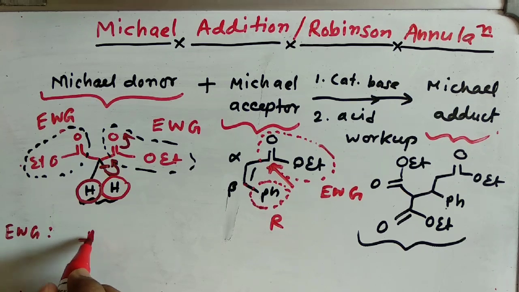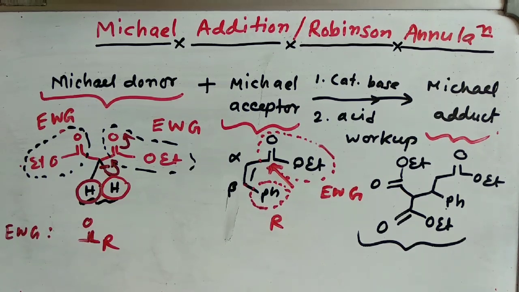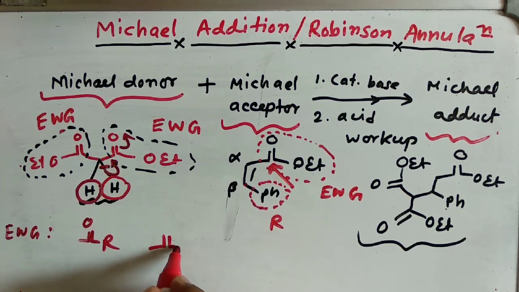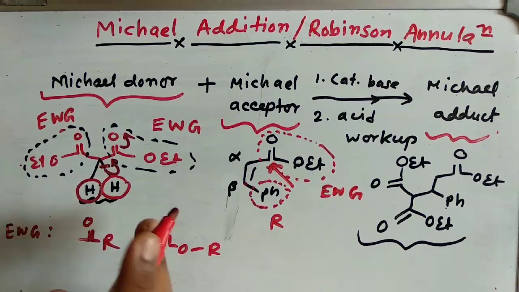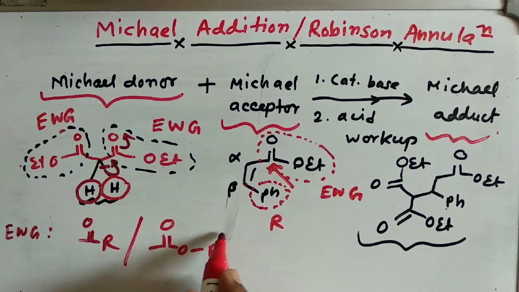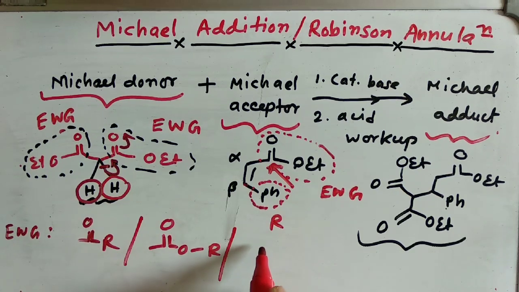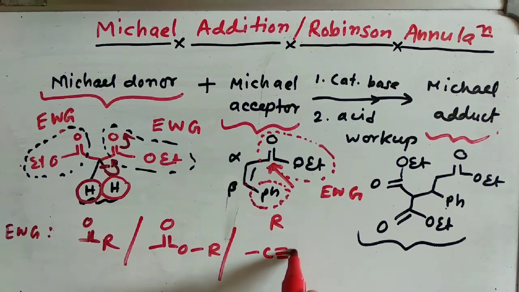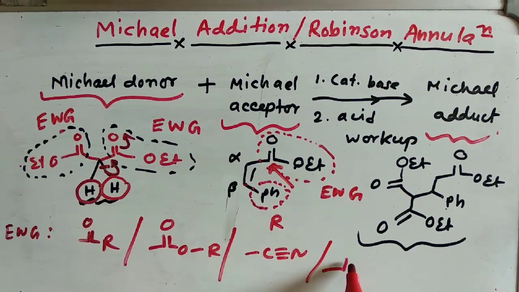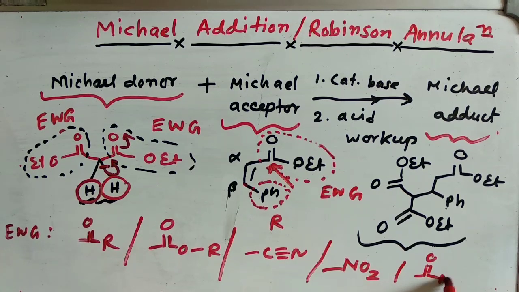So here, any R group, okay, like this, instead of this electron withdrawing group, another one that is say CN, another one that is like NO2, another one that is like NR2.